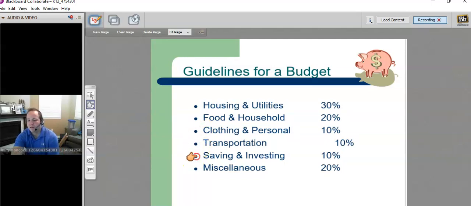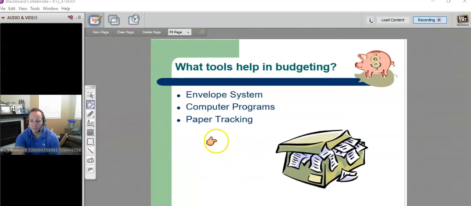Transportation should be 10%. Savings and interest should be 10%, and then another miscellaneous 20%, just to fill in gaps there. Okay, so if you're going over those percentages, you really want to look at where you can cut back in certain areas.